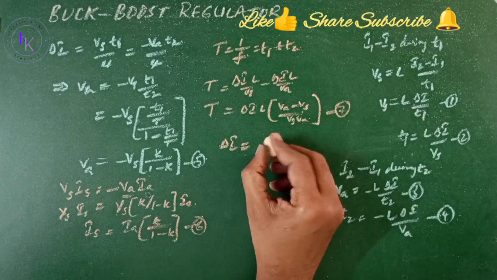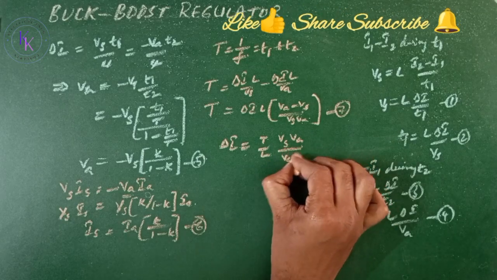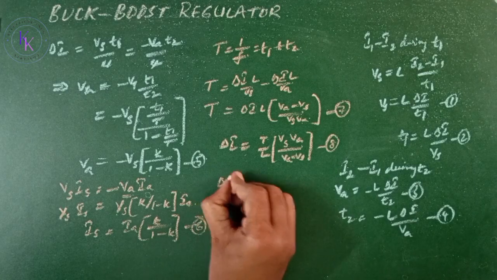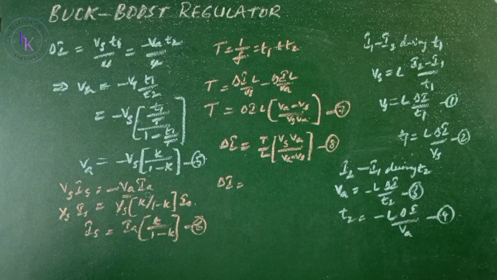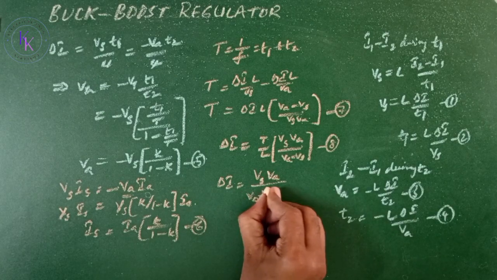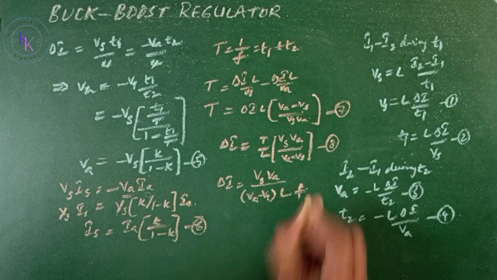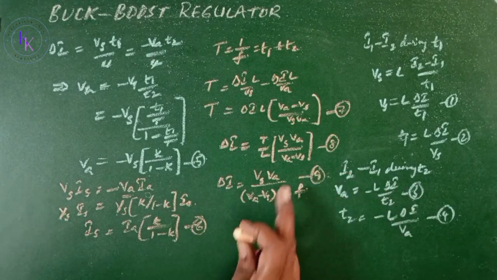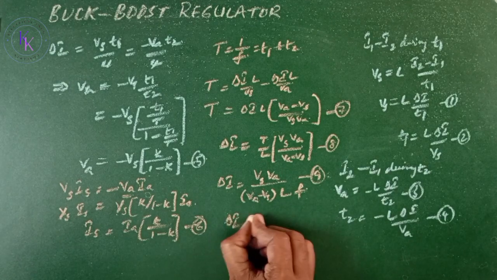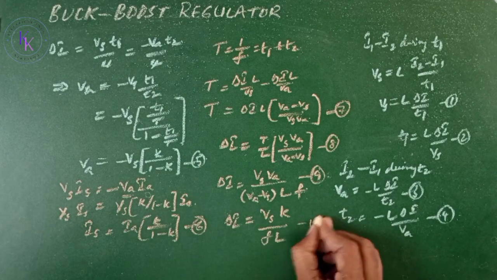Delta I equals T by L times Vs VA divided by VA minus Vs. Let this be equation number 8. Now this delta I, the peak to peak ripple current in terms of switching frequency, is Vs VA divided by VA minus Vs, times 1 by F L, since T is nothing but 1 by F. This is equation number 9. Substitute the value of VA and simplify this, and you are going to get delta I equals Vs K by F L. This is equation number 10.